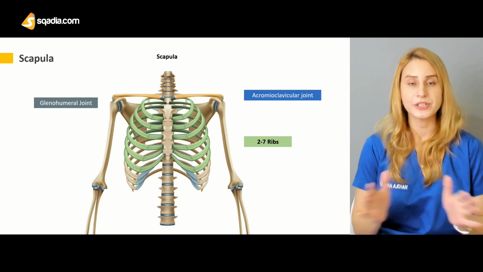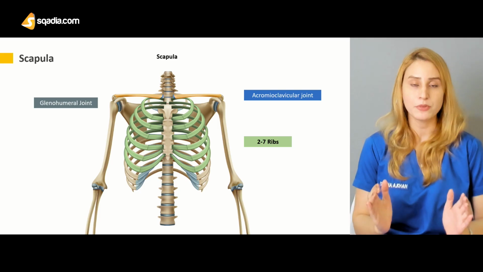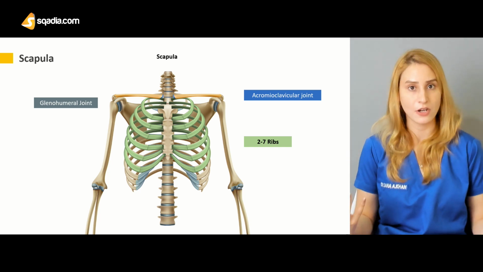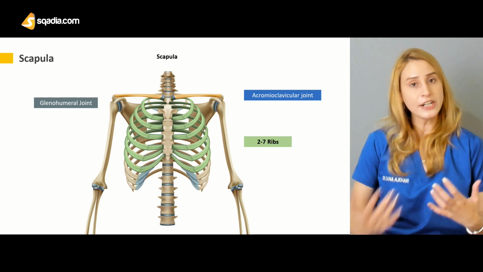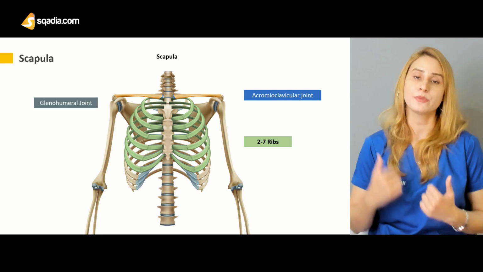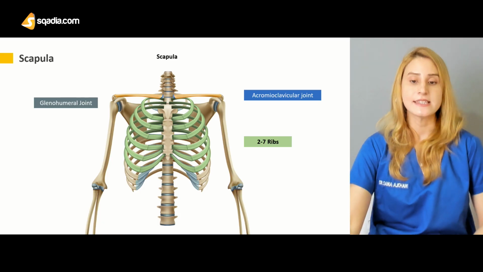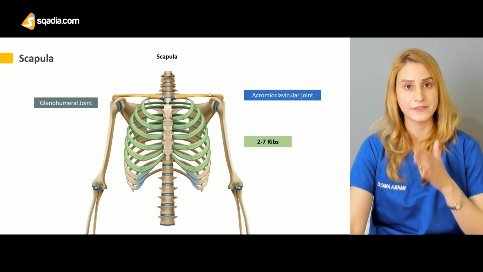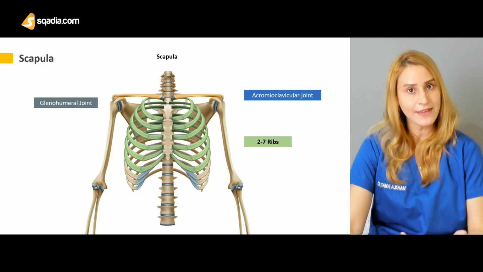So overall, what you need to remember is that the scapula is one of the most important bones, which is forming a shoulder girdle along with the clavicle, and its articulation is very important, which is the acromioclavicular joint. The acromion process of the scapula articulates here with the acromion end of the clavicle, making up the acromioclavicular joint.